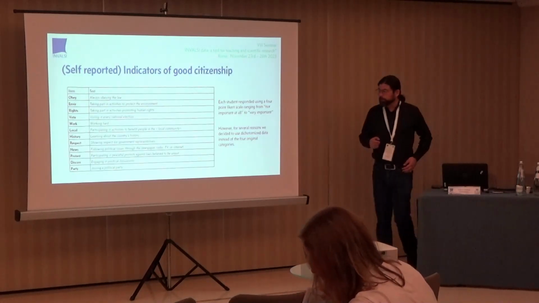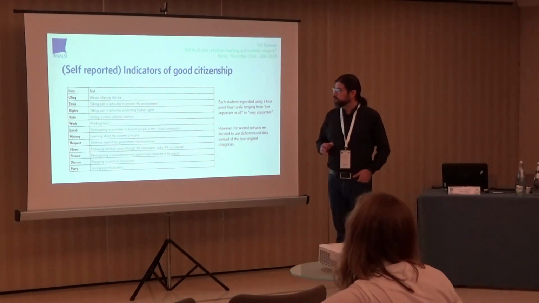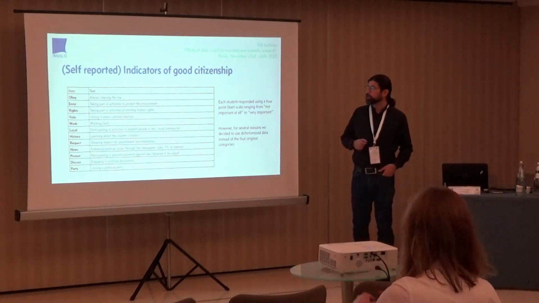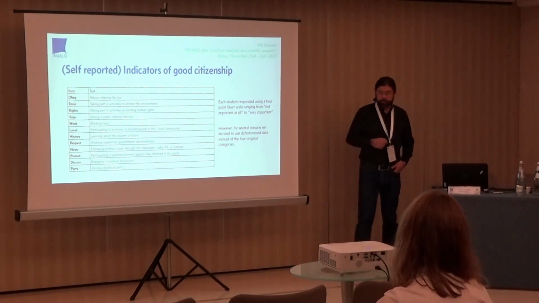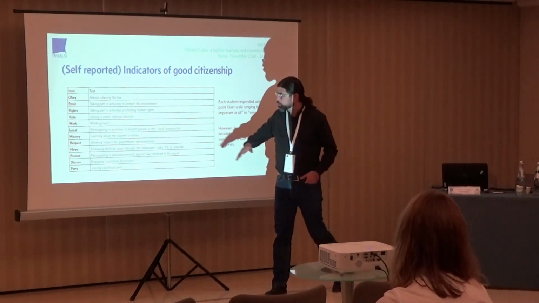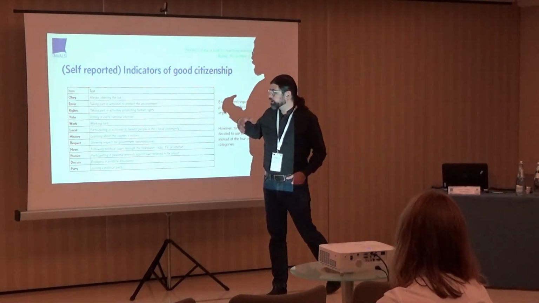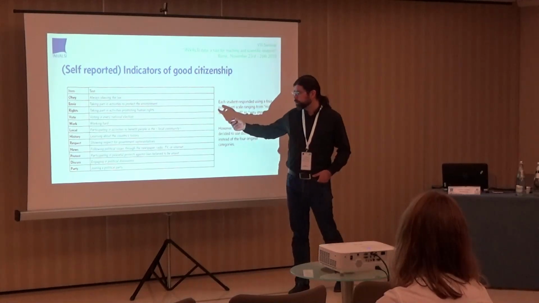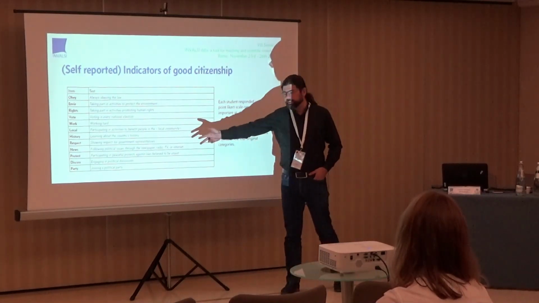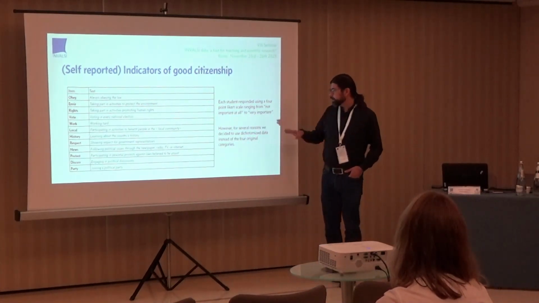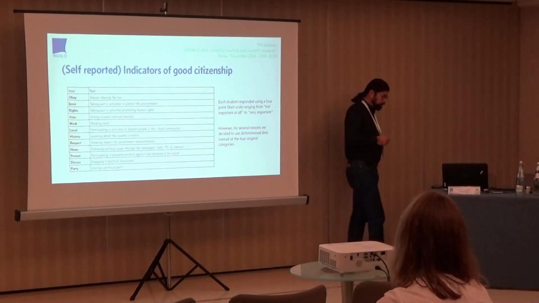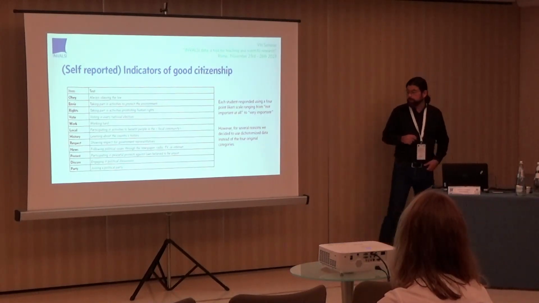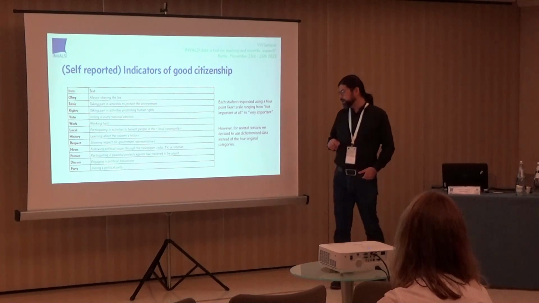For that book, we were working with self-reported indicators of good citizenship. Here you can see a couple, like to what extent you think it's important to vote in every national election, show respect for government representatives, engage in political discussions. All of them were answered by students using 4-point Likert scales.